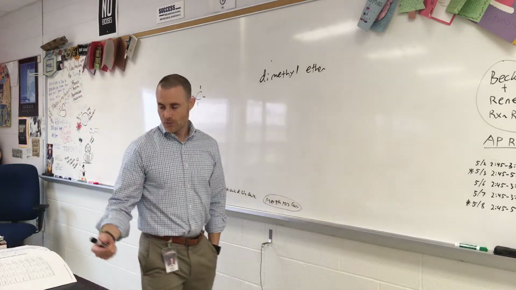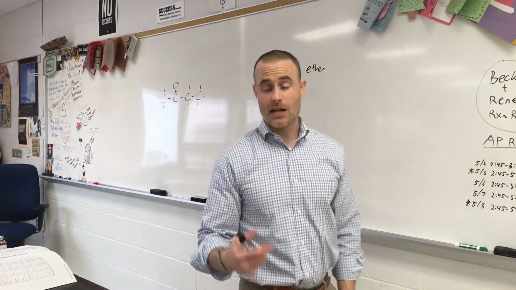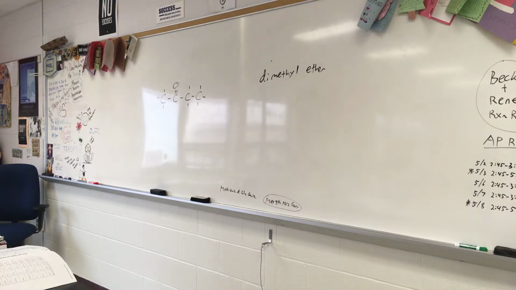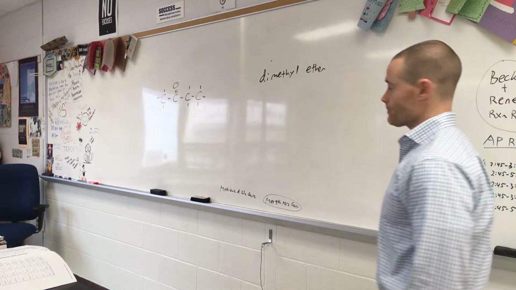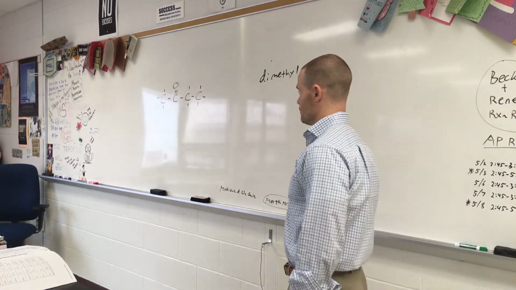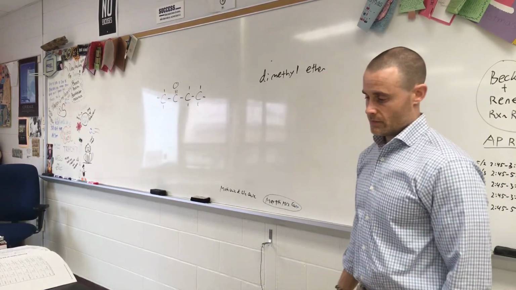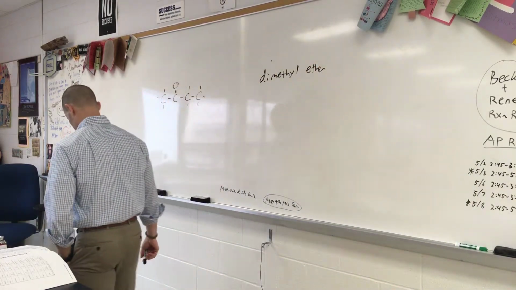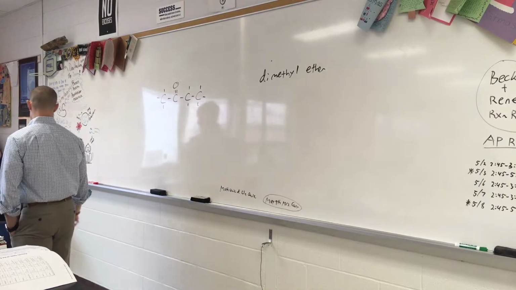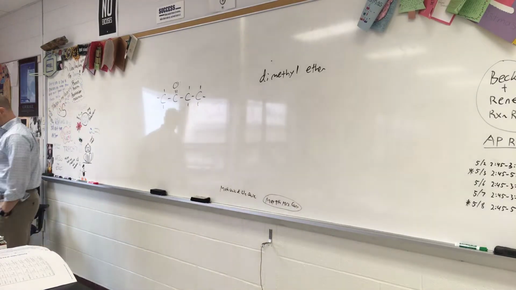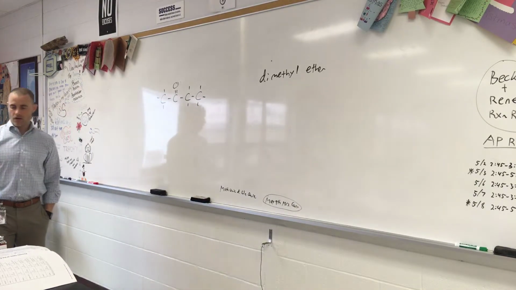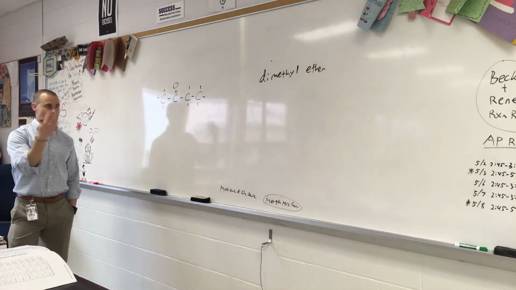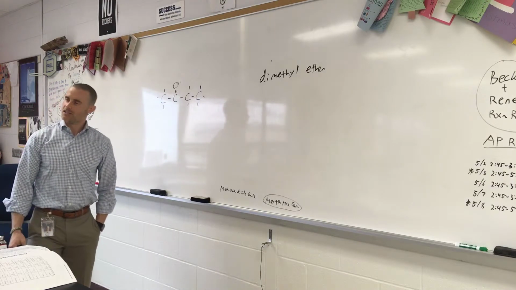Look up the functional group, look at the example, because the example not only helps you name it, it helps you draw it. The good thing is how we learned to name the hydrocarbons, the IUPAC method, applies to this. It's the same concept. It's just a little more complicated.